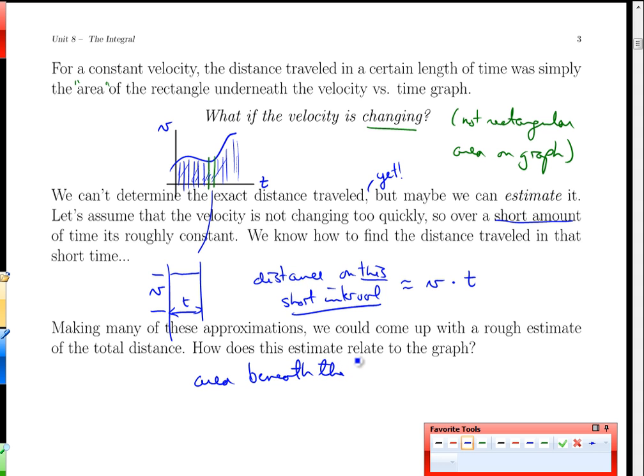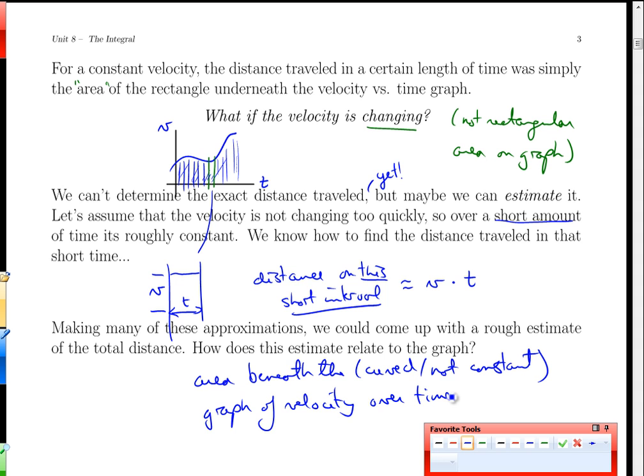Most importantly, below the curved, non-constant graph of the velocity over time. So even though we're imagining the velocity changing, the area beneath that graph still seems like the thing we want to calculate if we're looking for a total distance traveled. All right, so that's going to be our inspiration to look at area problems more generally.